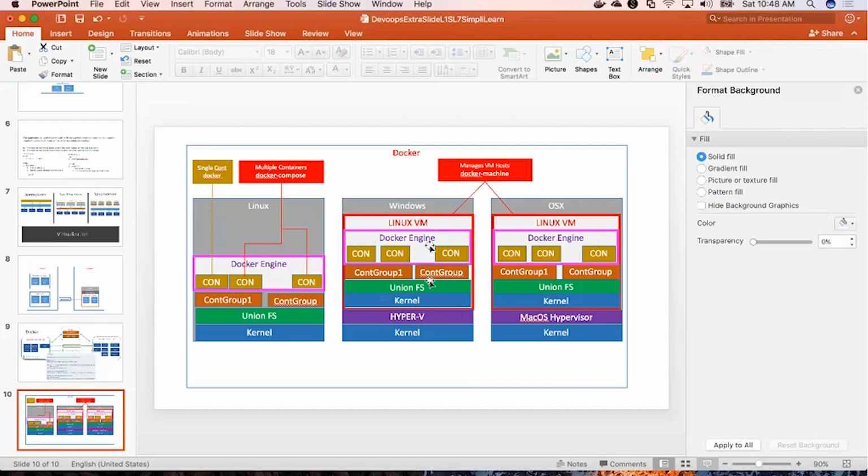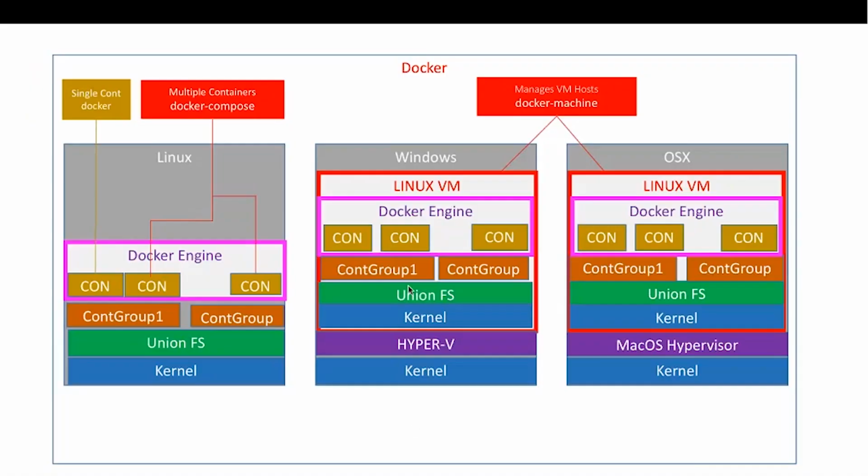Now, once the VM is started, when you simply run docker run with the image name, CentOS, whether you're on Windows, Mac, or Linux, it would kick off only a container on Linux.